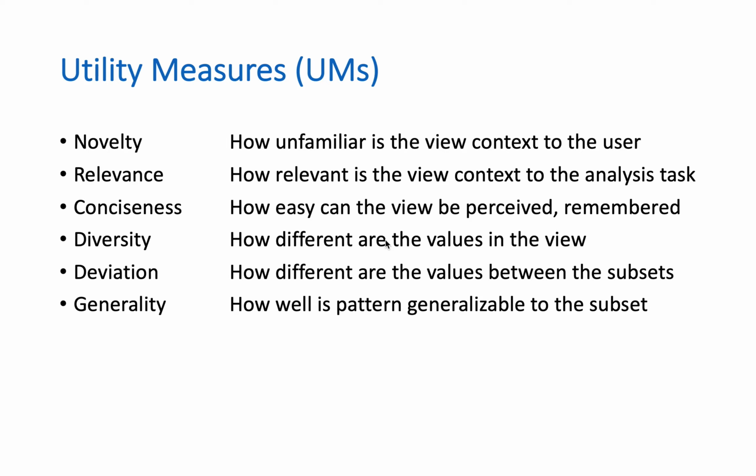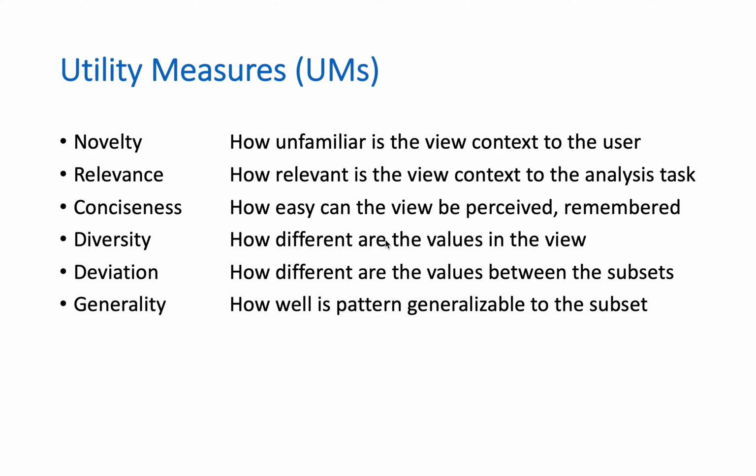View context means the information not including the actual values in the view, like the dimension attribute, category, or measure attribute. Relevance measures how relevant the view context is to the analyzed task. And conciseness measures how easily the view can be perceived and remembered.